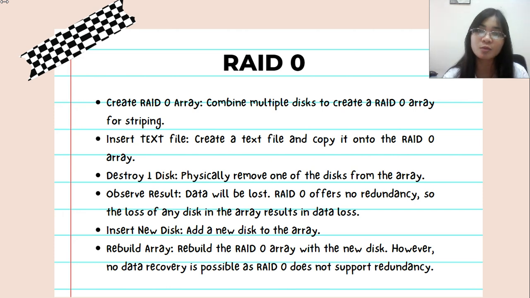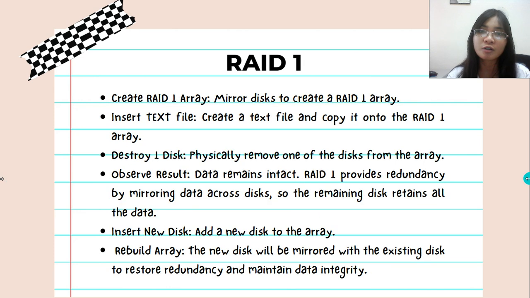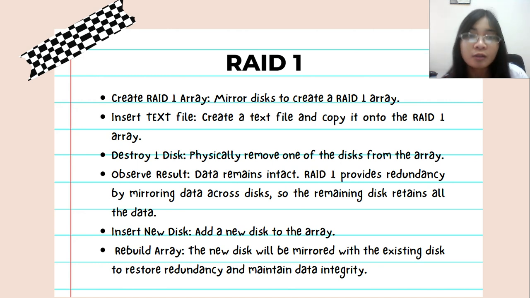So next one is RAID 1. In RAID 1, create a RAID 1 array, mirror this to create a RAID 1 array. So we're going to insert another text file, create a text file and copy it onto the RAID 1 array. And then once we have inserted the file, we're going to destroy the disk, physically remove one of the disks from the array.